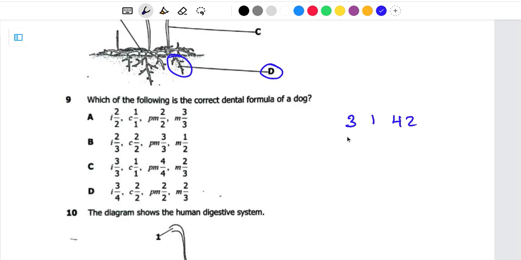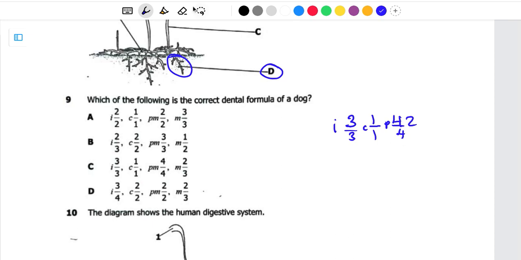So how it is here is like this. Then on the down part, you're going to have 3. So this is going to represent the incisors. Then for the canine, we have 1 on top and 1 on the bottom. Then when it comes to the premolars, we have 4 as the numerator, then also 4 as the denominator.